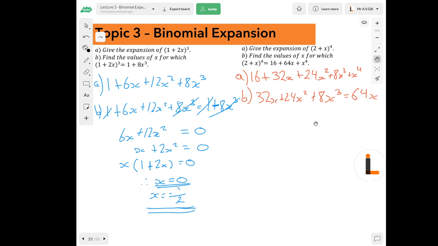Okay, and then we rearrange this and simplify. So rearrange, put all the terms on one side, divide through by 8, and we should end up with x cubed plus 3x squared minus 4x equals 0.